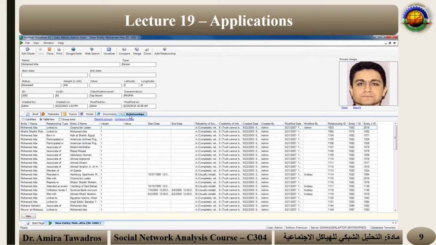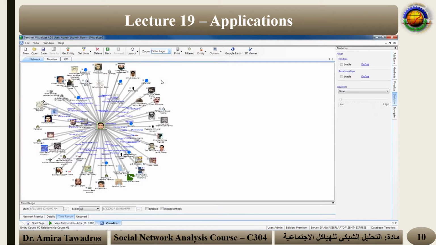There are other various tabs here in the lower half of the screen, and most importantly, the relationships tab. This tab shows us the relationships that this person has with other people, or other places that he visited, or other organizations that he has worked with.